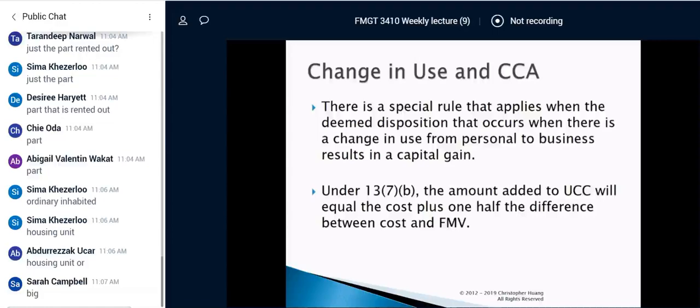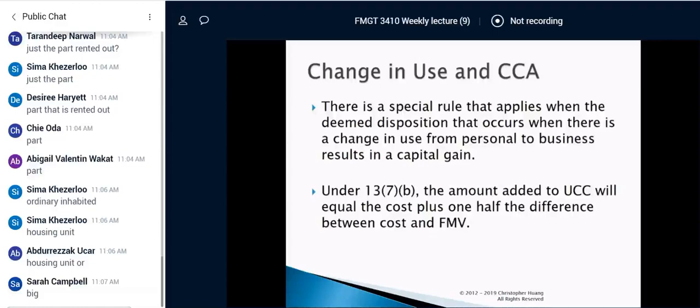Okay? So the question was, and this is what we were trying to get at in the presentation, we know you have a change in use, and there are consequences with that. But are there circumstances where the CRA will ignore the change in use? From an administrative point of view, will they ignore it?